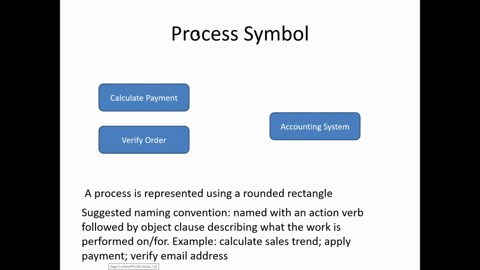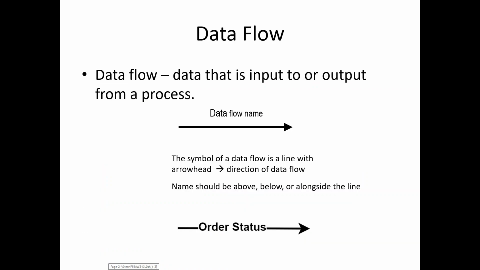The second element is called data flow. A data flow would indicate the input data or the output data. In data flow diagram, we use a line with arrow to indicate the direction of data flow. For example, here it means actually we have a sender.